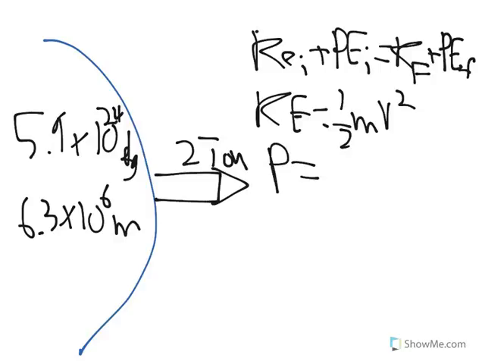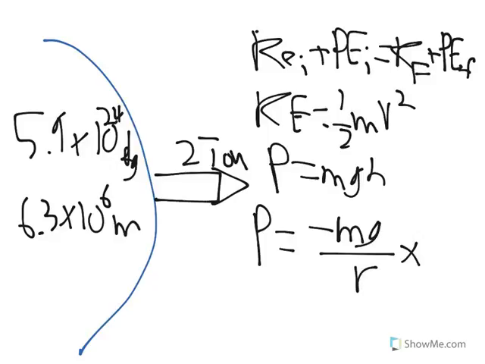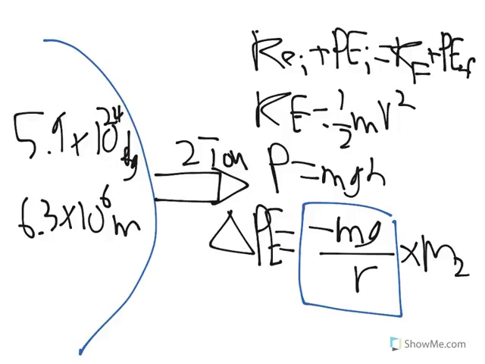We know that potential energy is mgh for a constant g, or potential energy is negative mass times the gravitational constant over radius times mass 2. And that's the equation for gravitational potential times mass. And in that case, we need to do a change in potential energy. And change in potential energy is just potential energy final minus potential energy initial.